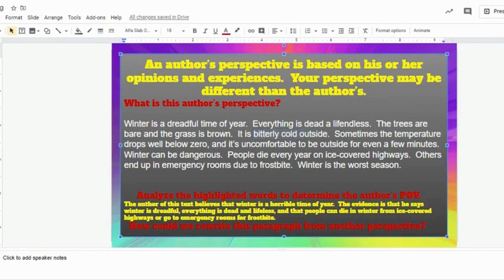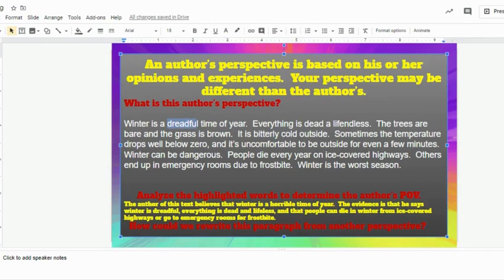Now, interestingly enough, we could take a paragraph like this if we wanted to and completely flip-flop the author's perspective. And let's say that somebody likes winter and they want to write a paragraph about winter in a positive way. We could take this same paragraph and we could change those adjectives. So we could change the word dreadful maybe to wonderful.